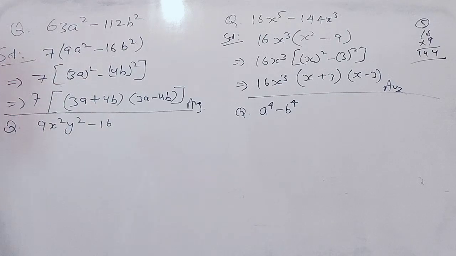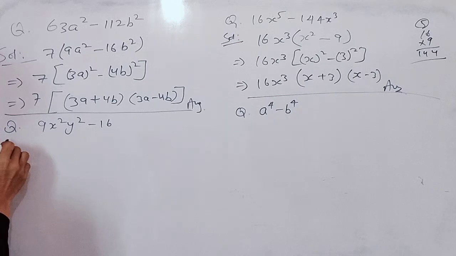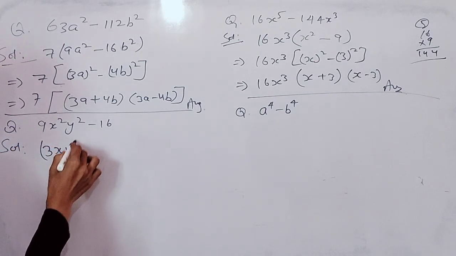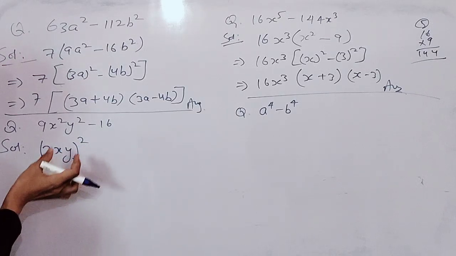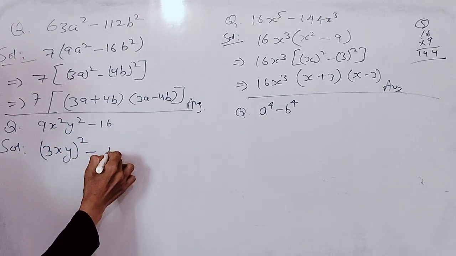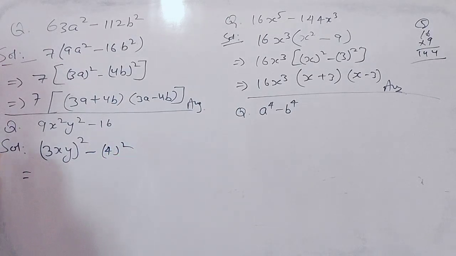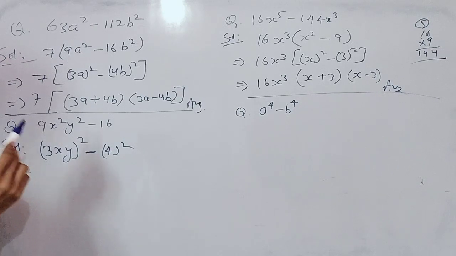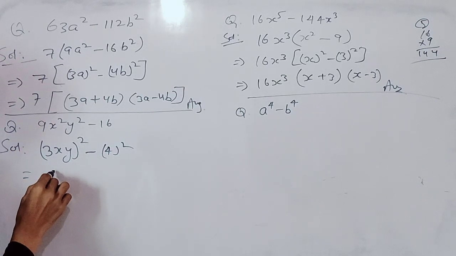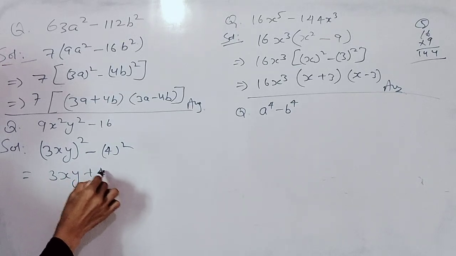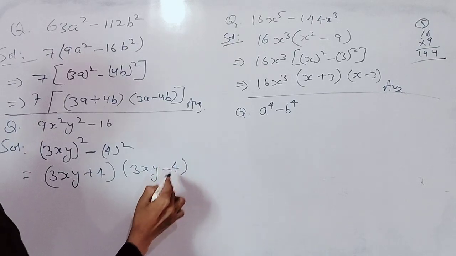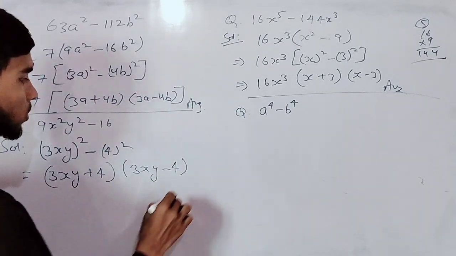Okay. Now 16 is a perfect square of 4. Now this question is very easy. So it can be written like that. Now when you multiply this two times, you will have this. 4 times 4 is 16. We will apply here algebraic identities. Which algebraic identity will we apply here? a square minus b square. So here 3xy plus 4 and 3xy minus 4. Clear? This is the answer.